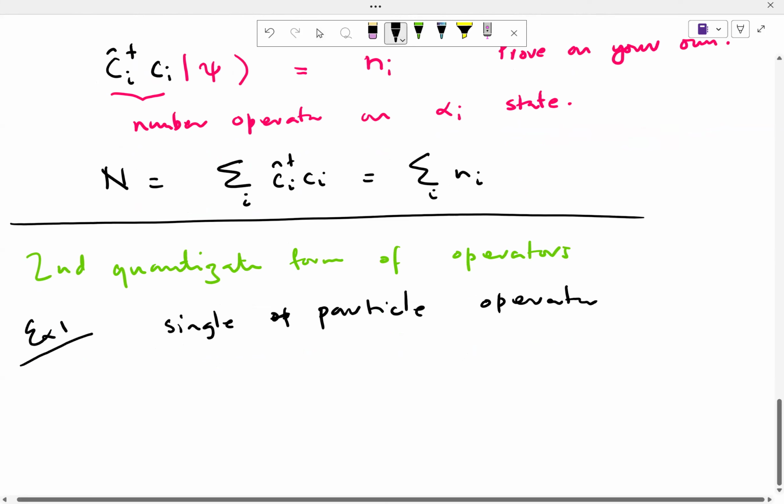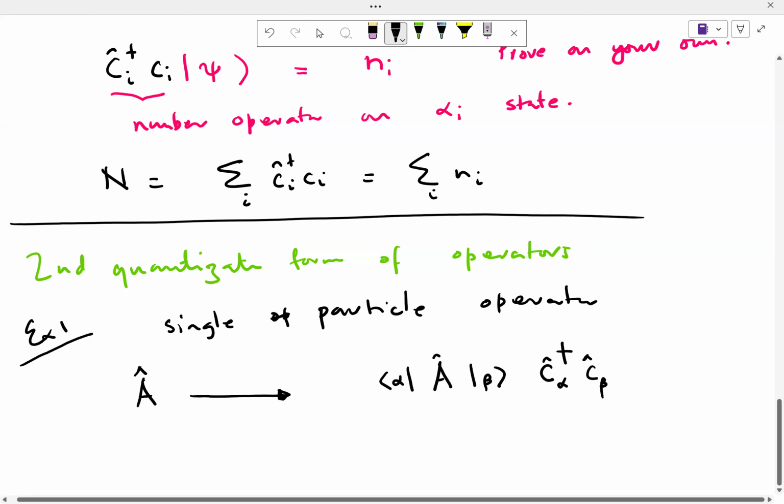Suppose I have an operator A in the first quantization picture. When I upgrade this to the second quantization picture, this A becomes the sum of A sandwiched between two states, alpha and beta, times the operators C alpha dagger, C beta.